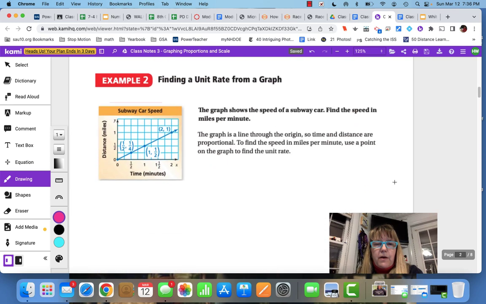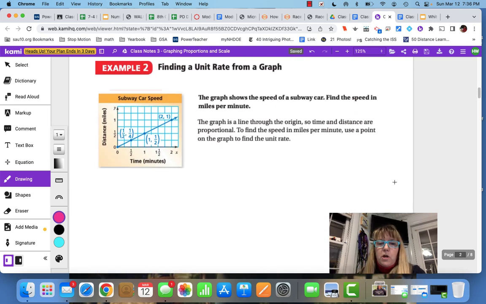Second example is finding a unit rate for a graph. So to find the unit rate on a graph, unit rate is the Y value over the X value. So if I find a dot on the line, and I'm going to use 2, 1, so the XY pair is 2 and 1.